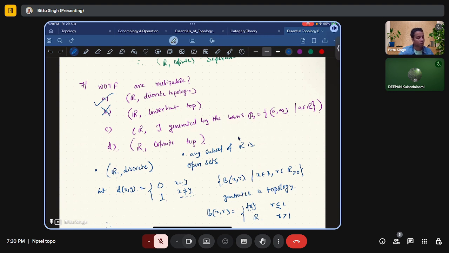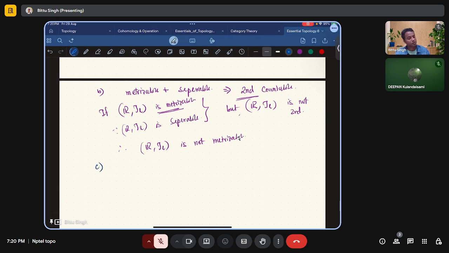Now, what about topology generated by this kind of basis? In this case, we can see for option C that this kind of ray topology, where open sets are given by this interval, is not even Hausdorff. But if something is a metric space, then it should be Hausdorff, because for any two points, those two points can be separated by open balls.